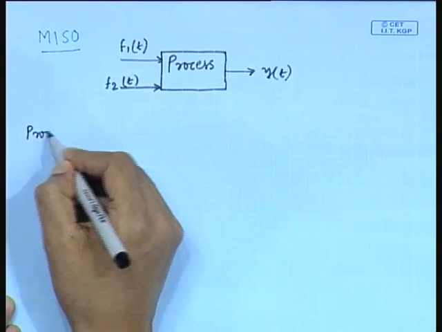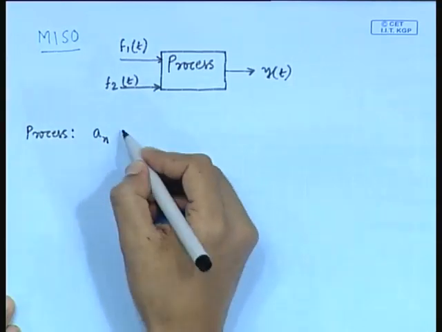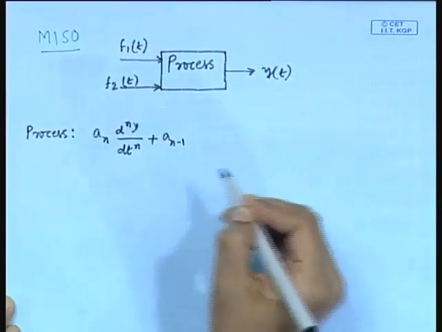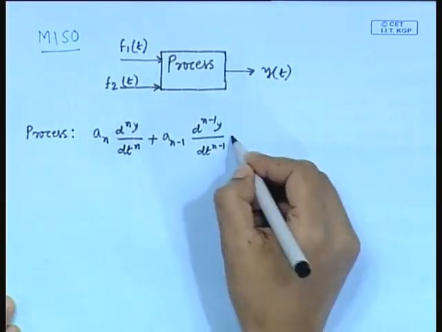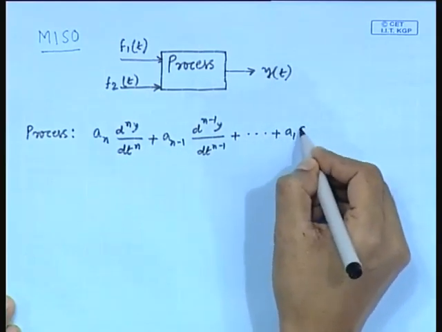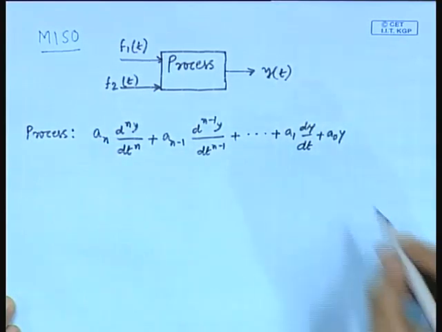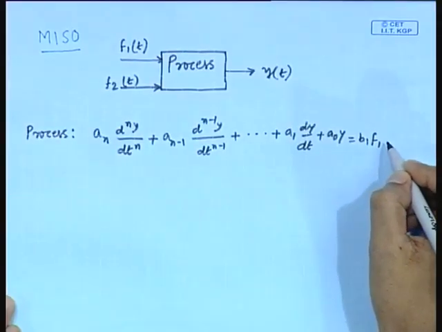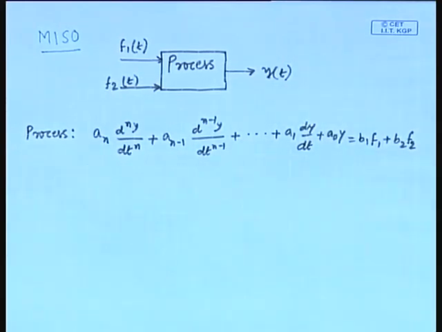We will represent the process by this equation: a_n d^n y/dt^n plus a_(n-1) d^(n-1) y/dt^(n-1), like this, a_1 dy/dt plus a_0 y, and the right hand side includes two input variables, one is b_1 f_1(t) and another one is b_2 f_2(t).